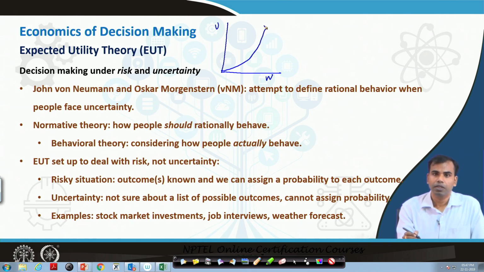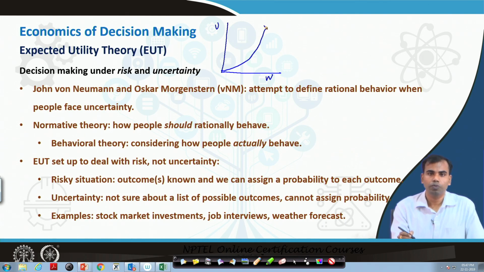In case you are an individual who does not want to assume risk, which means you are risk averse, the utility function that you will carry should look like a curve something like this, where your utility function would be increasing in the beginning and then stabilizing.